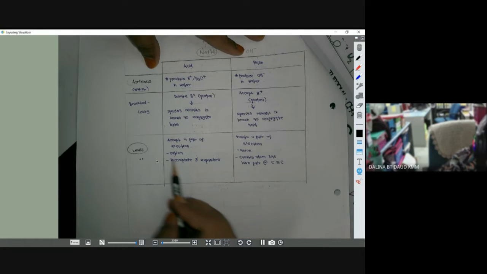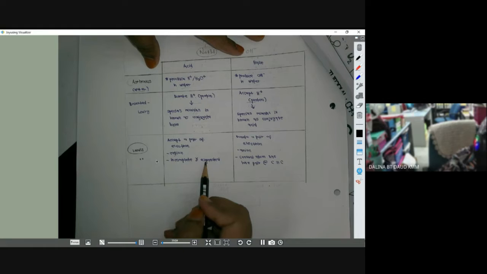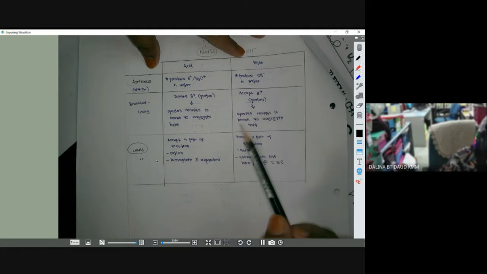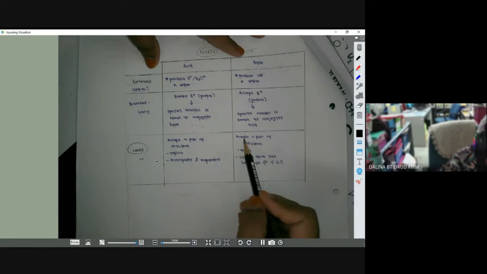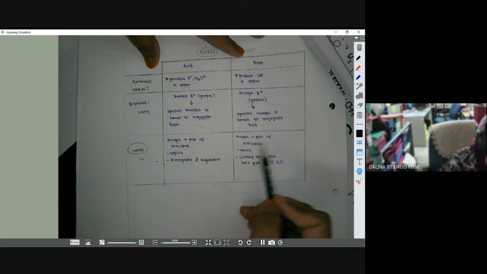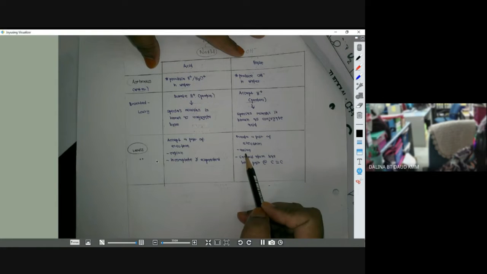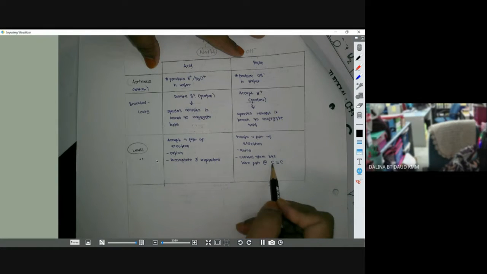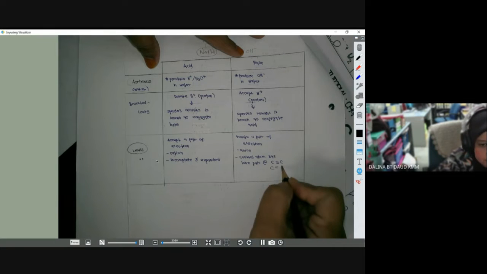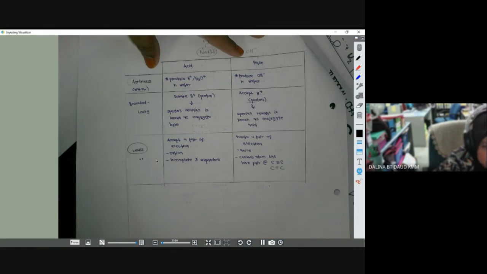Incomplete and expanded, benda yang incomplete dan expanded, dia boleh menerima elektron. Ataupun kalau untuk base, dia lebih elektron. Donate a pair of electrons. Contoh anion. Anion dia terlebih elektron, so dia boleh donate a pair of electrons. Central atom has lone pair, ataupun multiple bond, C double bond ataupun C triple bond.